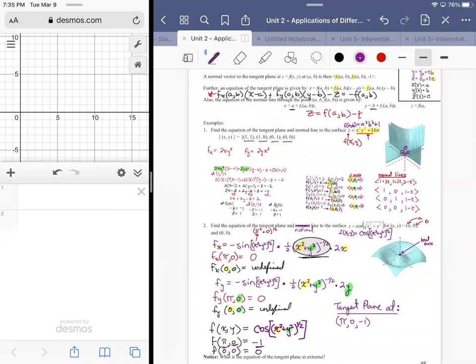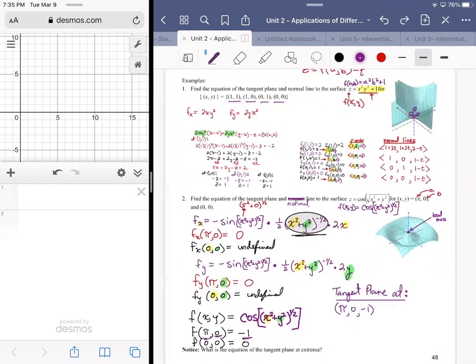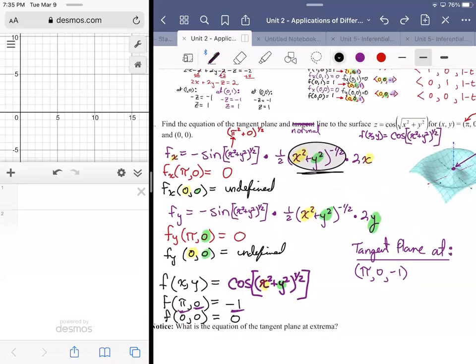I also have my slope. So I can use either of the two models up here, whichever one I prefer, to come up with my equation. All right, so the derivative with respect to x and with respect to y at pi 0, those are my constant multipliers of x minus a and y minus b.